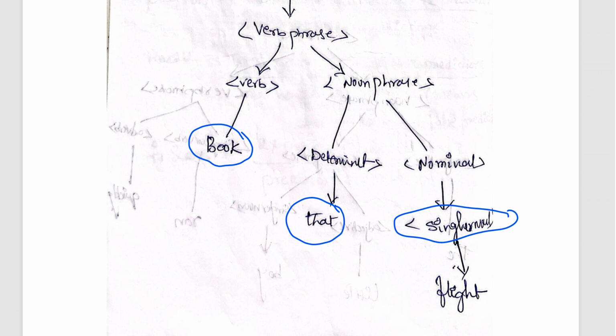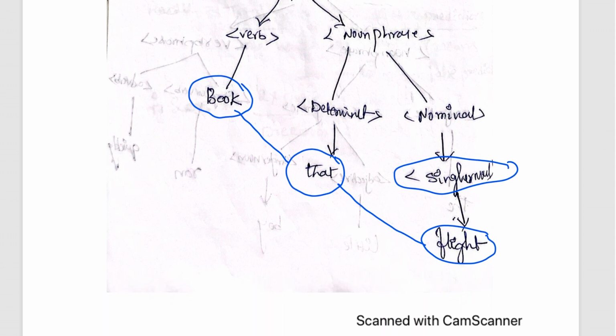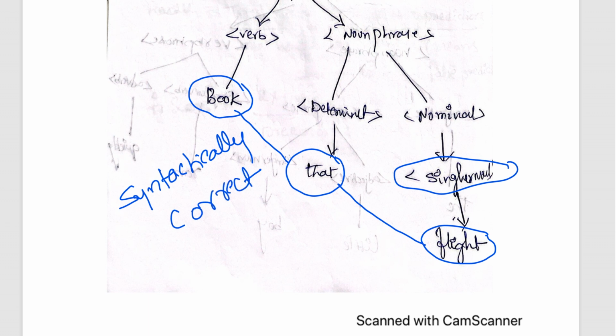So what is the singular noun available in our input sentence? It is flight. So now, book that flight. Book the flight or that flight? Yeah, book that flight. So now the given input sentence is syntactically correct. This is the way of top down parsing.